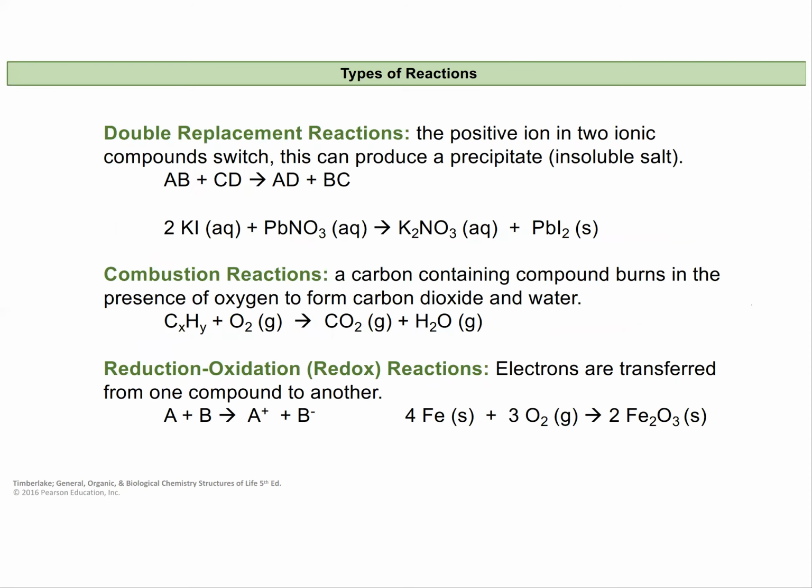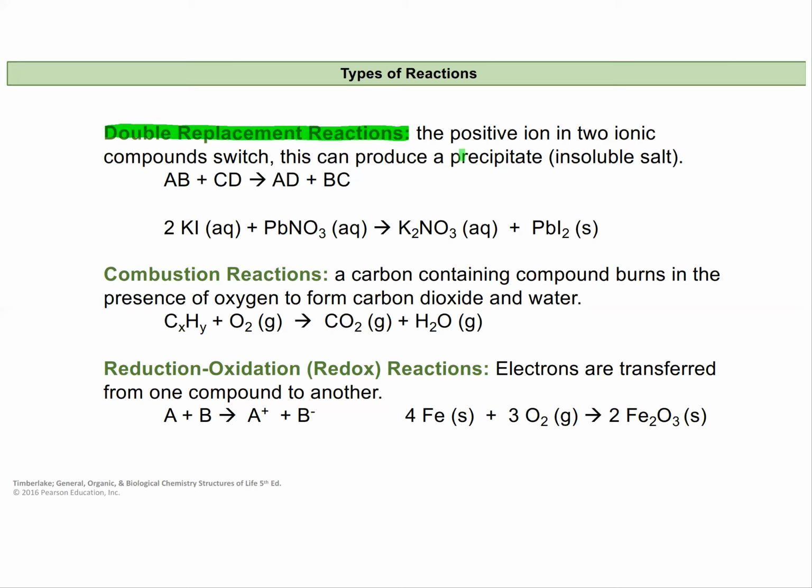The 3 that I would like to focus on in this class are double replacement, combustion reactions, and redox reactions. So starting with double replacement reactions, this is when we have 2 different ionic compounds that essentially swap cation and anion. And from this, in our products, we usually have one of our products that forms a solid in water.